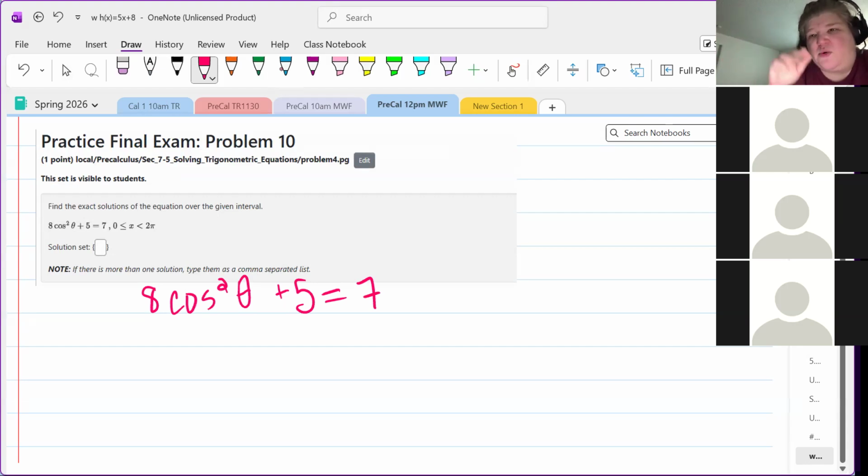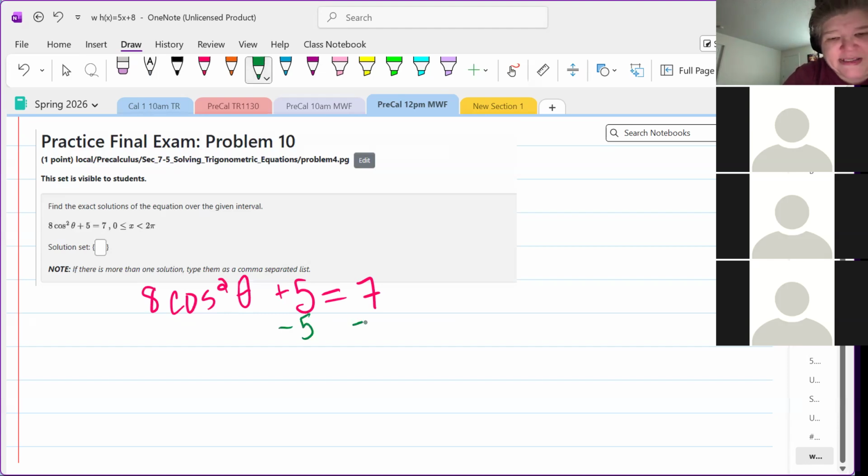In this case, though, since there is only one variable term, the cosine squared, we can also just get cosine squared by itself and then use the square root property. Because there's not a cosine only term, it's only the cosine squared term, I can just solve and get it by itself. I'll have to remember to use my plus or minus on the square root, but I'll still get all the same answers.